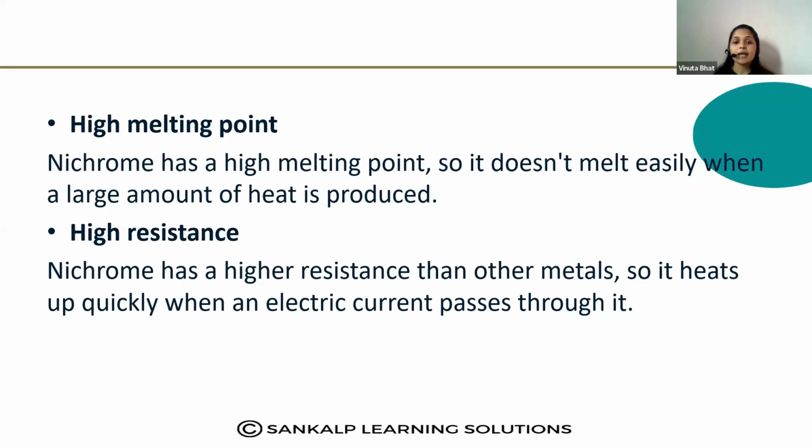Then nichrome has higher resistance than other metals. So when resistance is more, it heats up quickly when an electrical current passes through it. It allows the current to pass through, but the resistance is more, so it heats up quickly. Because of this reason, nichrome is used.